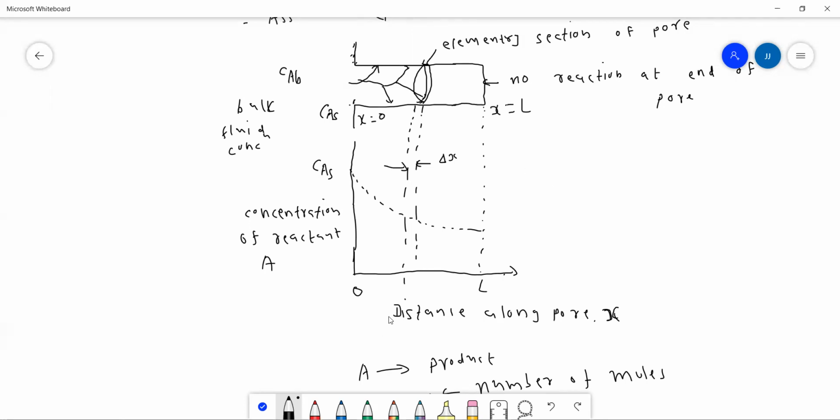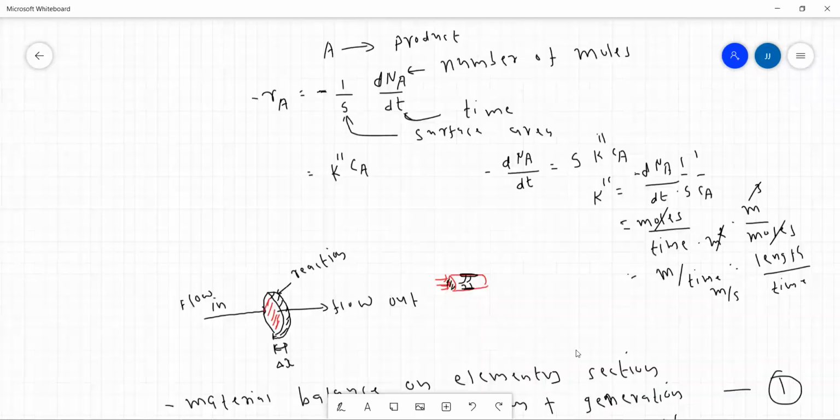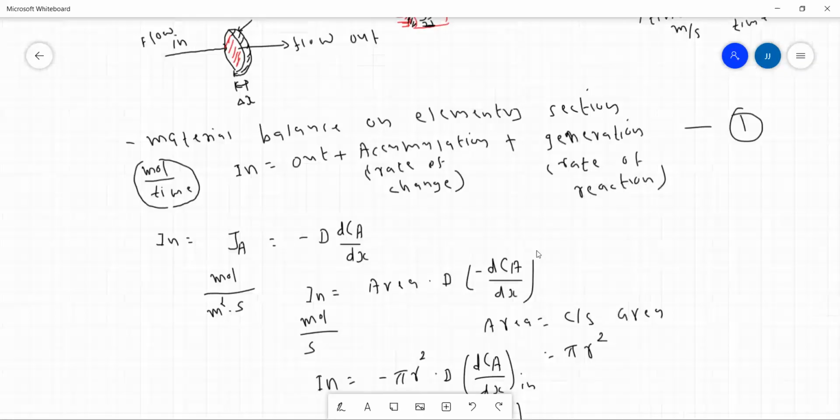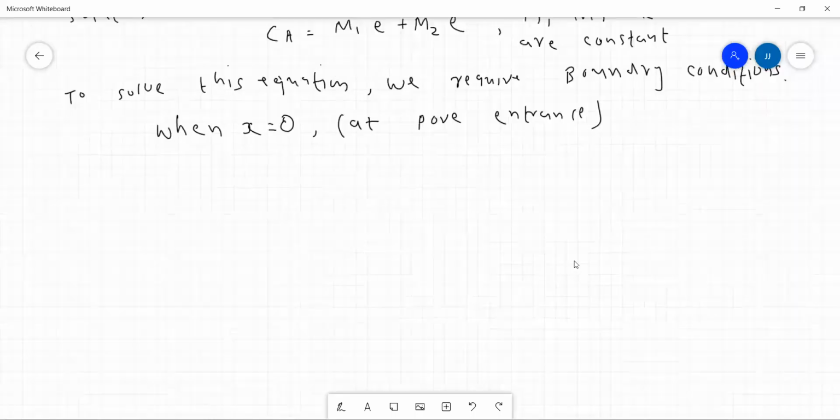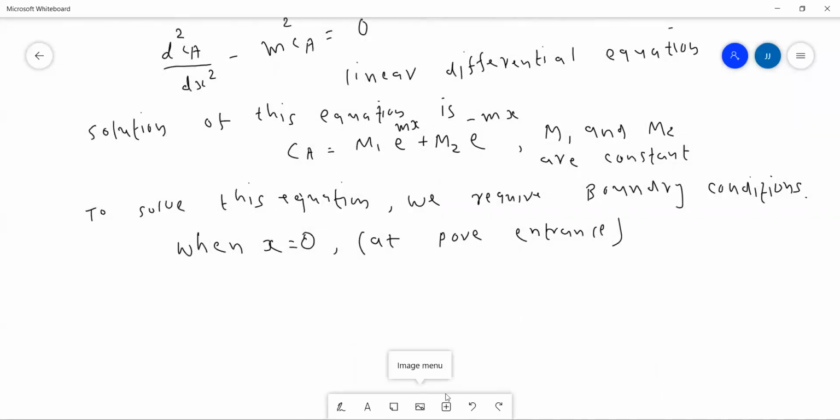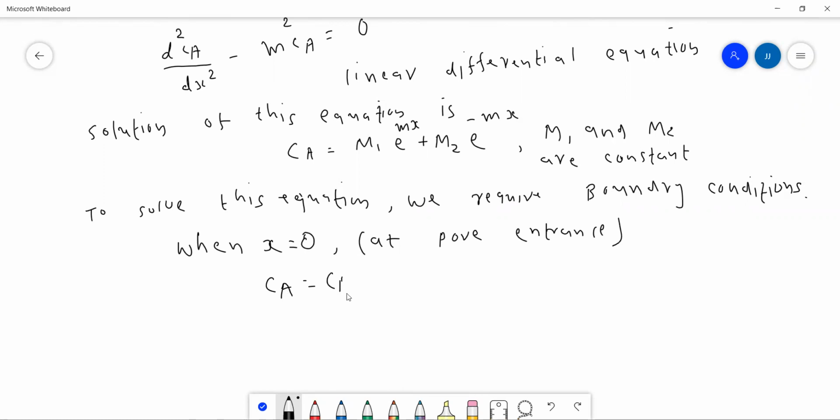So let's put the boundary conditions. At x is equal to 0, we may write CA is equal to CAS, because CA is the concentration of A at the surface or entrance.